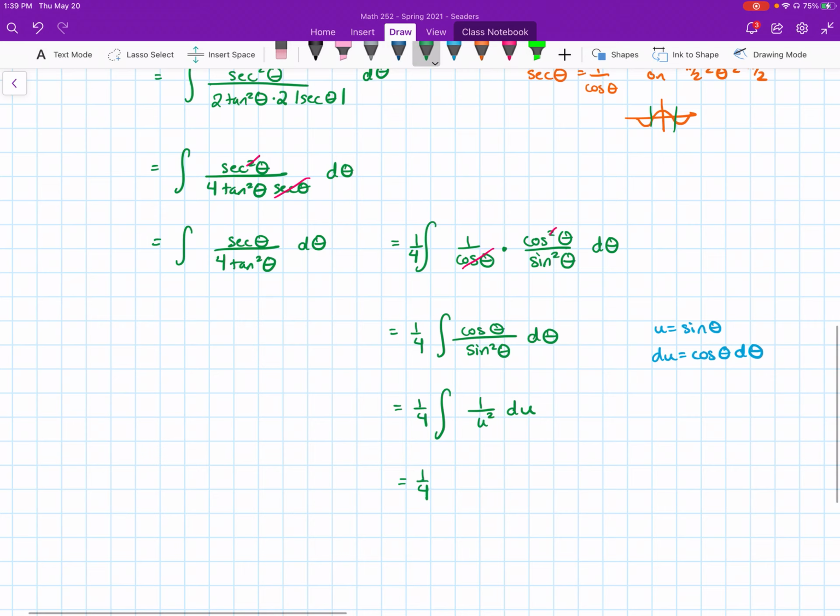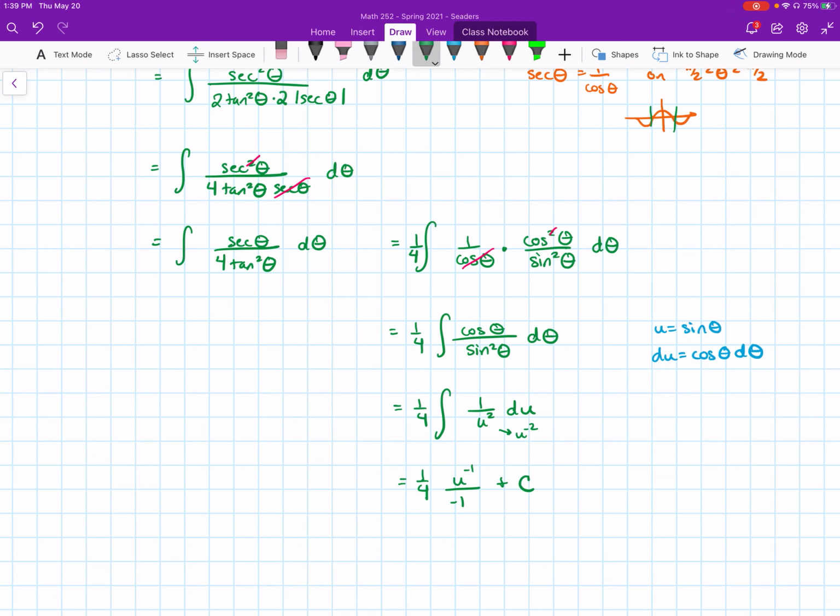Take an antiderivative, so that's u to the -2. I add 1 to my exponent and divide by -1, plus c. Hey, I finally was able to take an antiderivative. A -1/4 u to the -1, plus c.